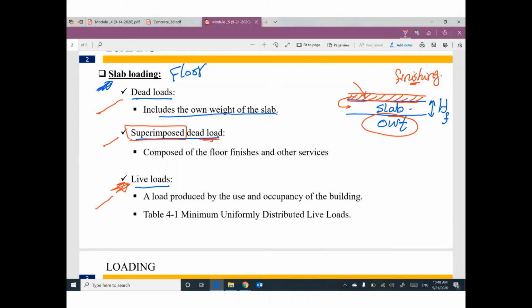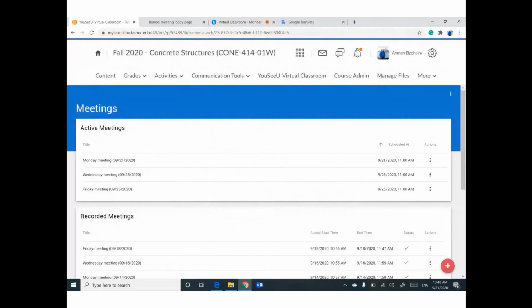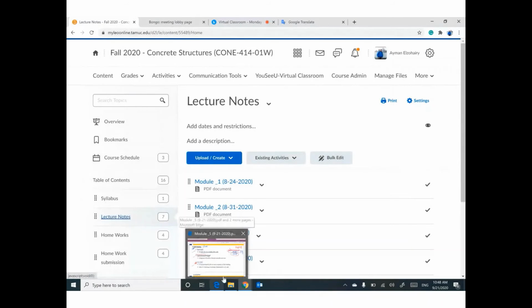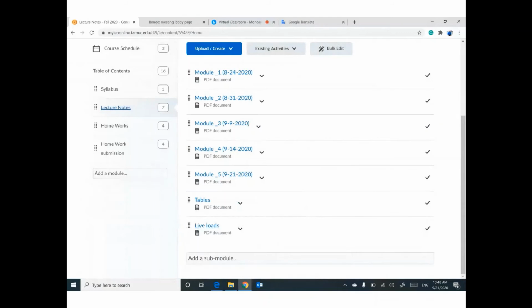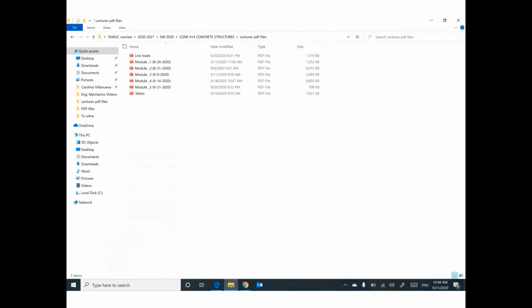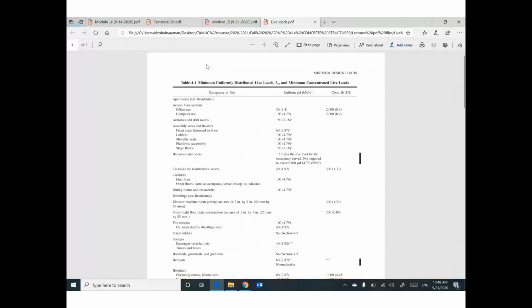By the way, I uploaded a new table yesterday. This table is called live load. If you open this file, you will find something like this.